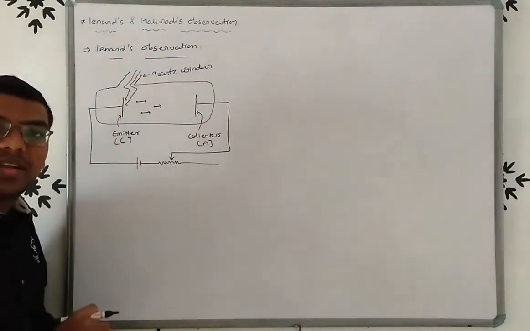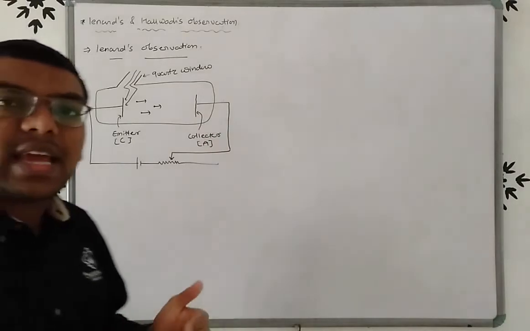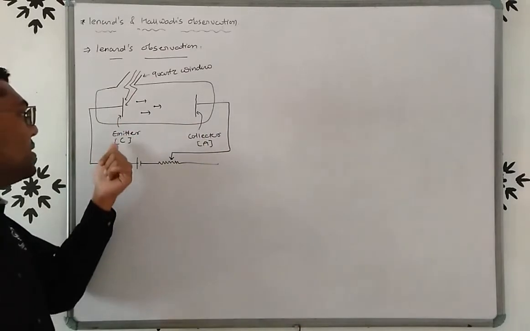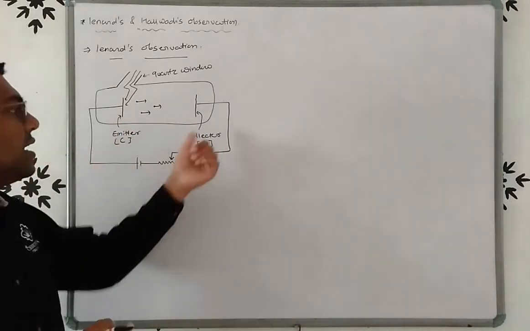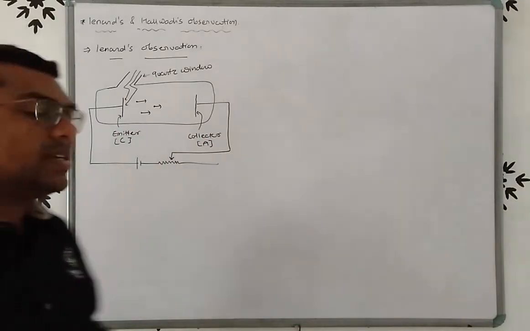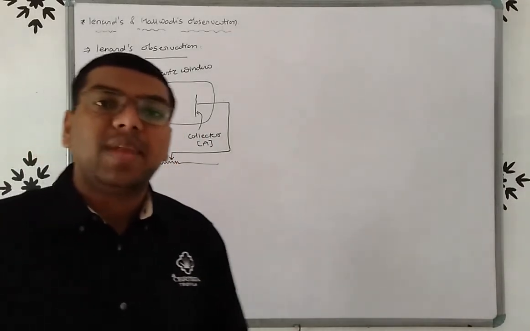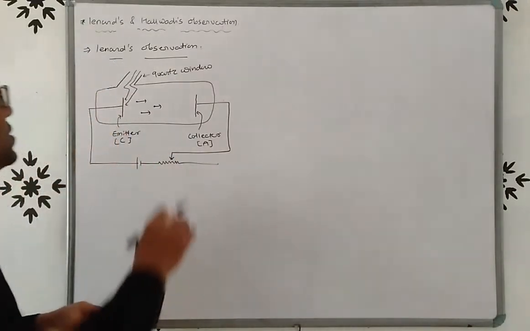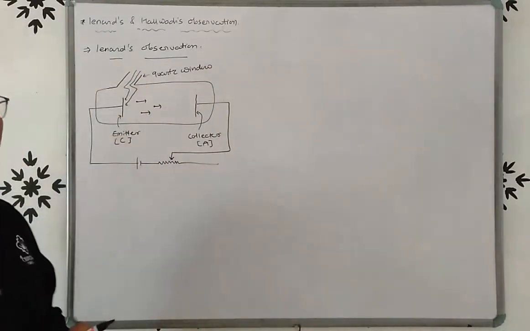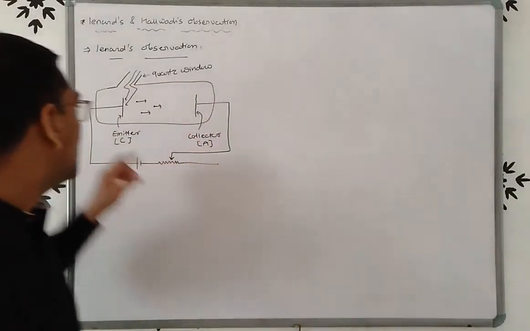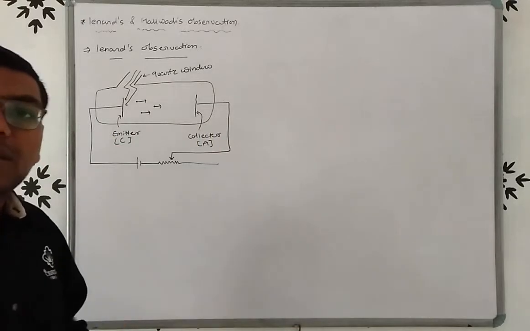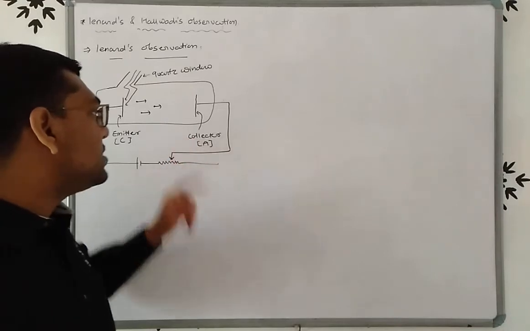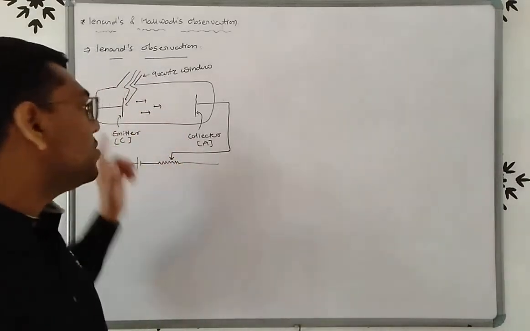As shown in figure, two electrodes are kept opposite in the evacuated glass tube. One electrode is known as emitter, denoted by C, and another electrode is known as collector, denoted by A. Here we apply the potential difference to these electrodes. As shown in figure, from the quartz window, the UV rays are incident on the emitter. Due to this, photoelectrons are emitted. Now friends, this collector is kept positive with respect to the emitter.